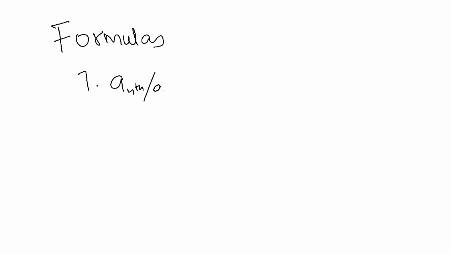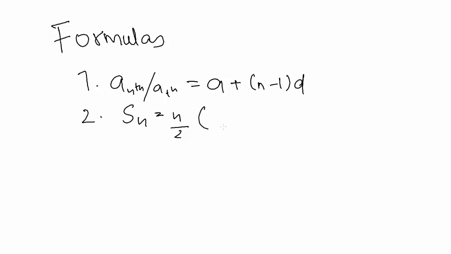Some important formulas you're going to be using throughout the chapter are: 1. An, the nth term, or a_t, whichever you're comfortable with, is equal to a plus n minus 1 into d. The next one is the sum of n terms, Sn, is equal to n by 2 into 2a plus n minus 1 into d.